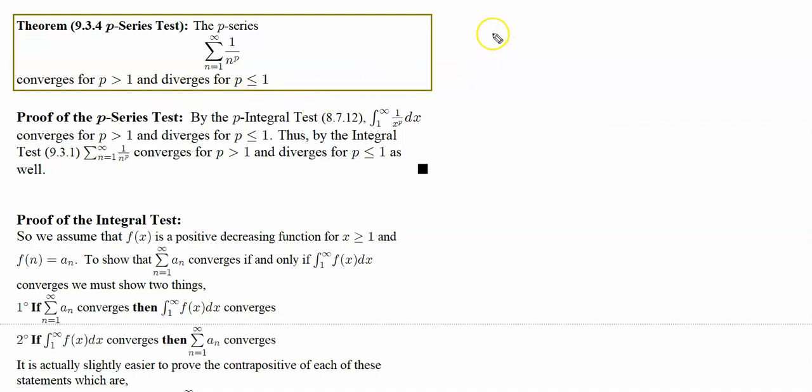So for example, if we look at the summation of 1 over n cubed from 1 to infinity, in this case p is equal to 3, so the theorem simply tells us that this will converge.